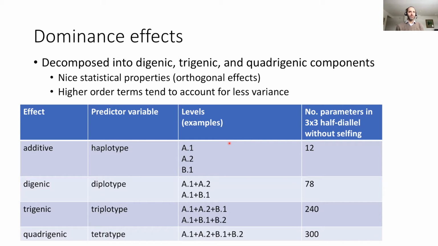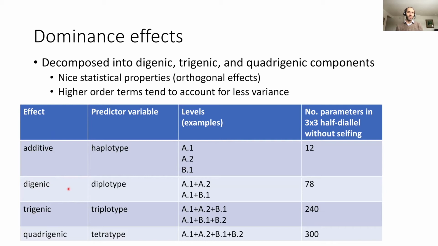This table attempts to give you some idea of what these higher order types of dominance mean. The first column is the name: additive, digenic, etc. And as you can tell from the prefix of the word, it's telling you how many copies of the gene are involved in that particular effect. So for an additive effect, the predictors are haplotypes.